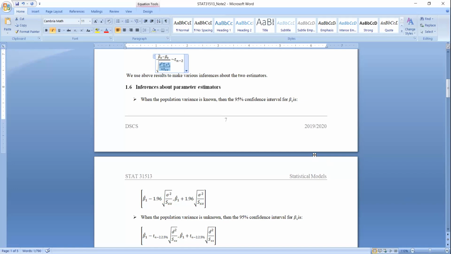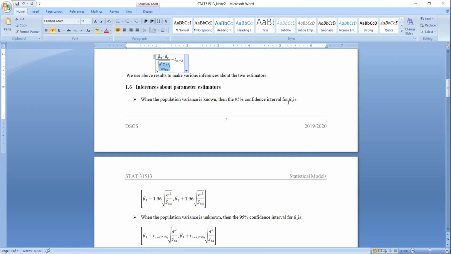We know what a 95% confidence interval is: we give two values, two bands, and we are 95% confident that the value of our parameter falls within these two values. I'm not going to explain it in detail because in the inference course you have done 95% confidence intervals and you're confident with that, right?